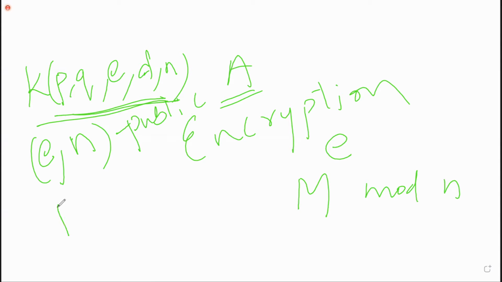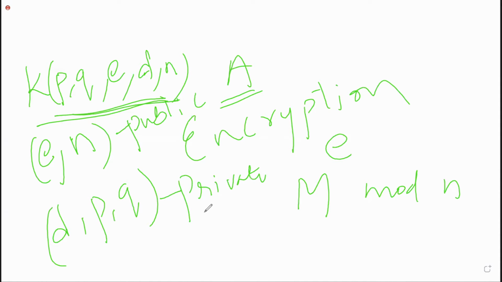The private key D and the prime numbers chosen by the receiver will be private, not known to anyone, even the sender. These 3 are private.